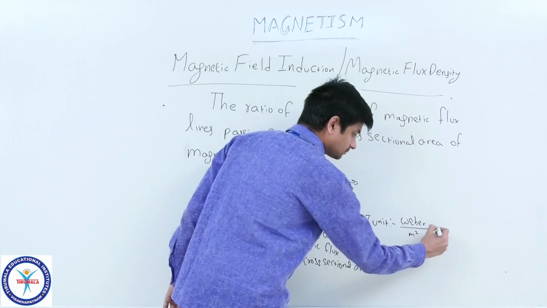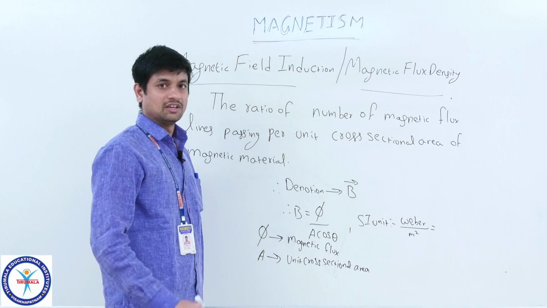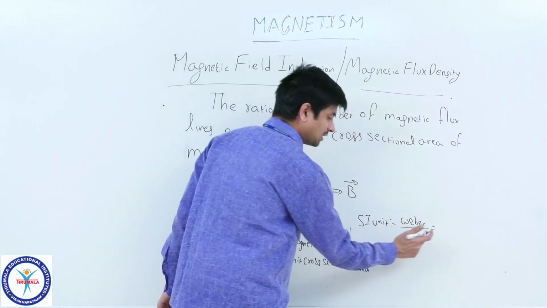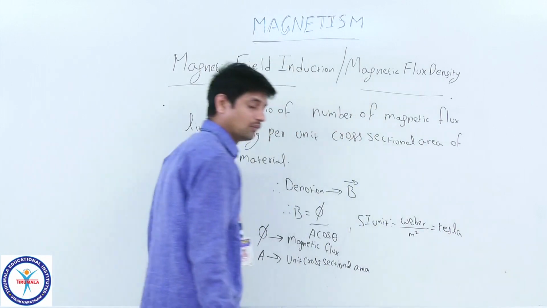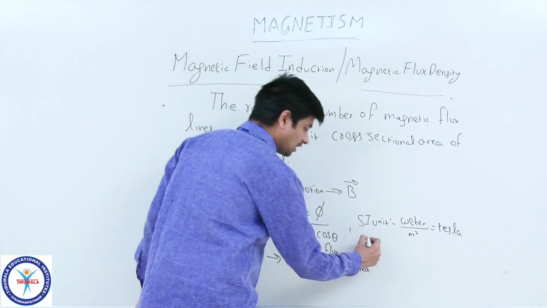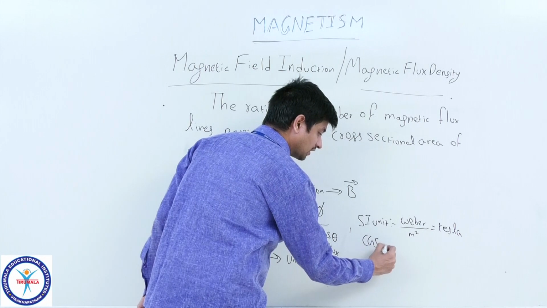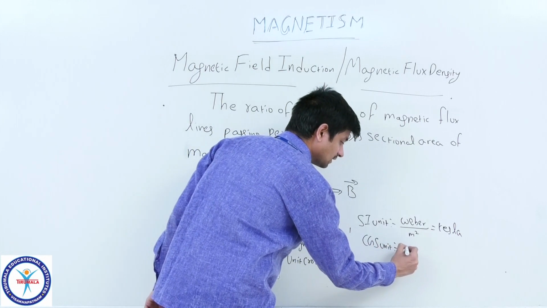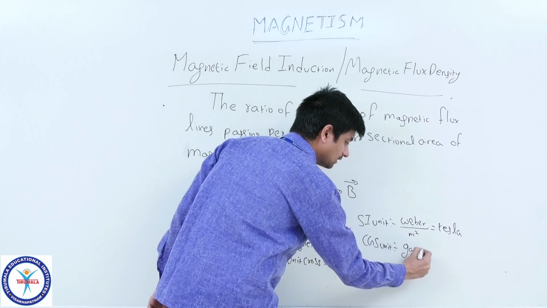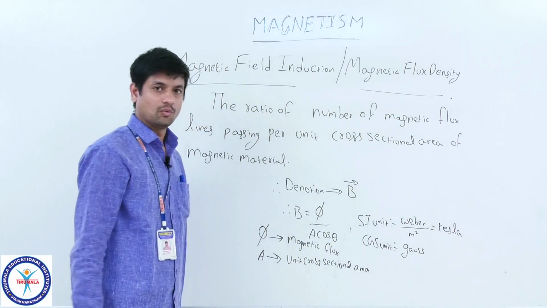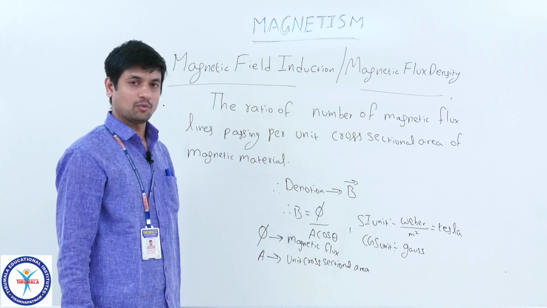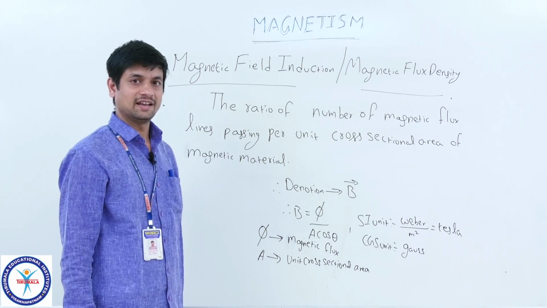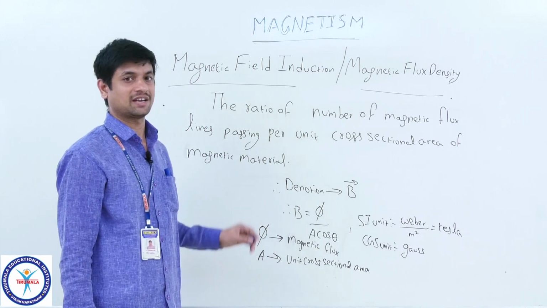This is given in honor of Nikola Tesla: this Weber per meter square is equal to 1 Tesla. The CGS unit of this physical quantity is Gauss. Gauss, Carl Friedrich Gauss, was one of the scientists who provided some information and did some investigations in this magnetism concept.